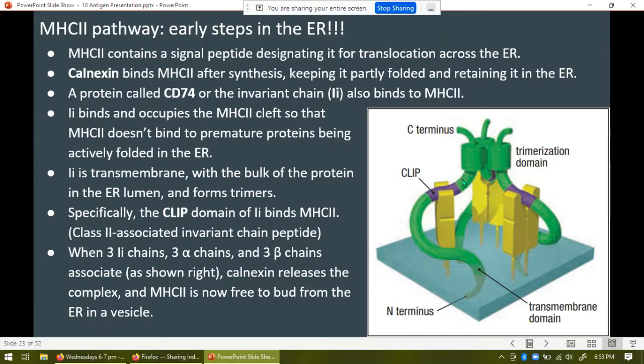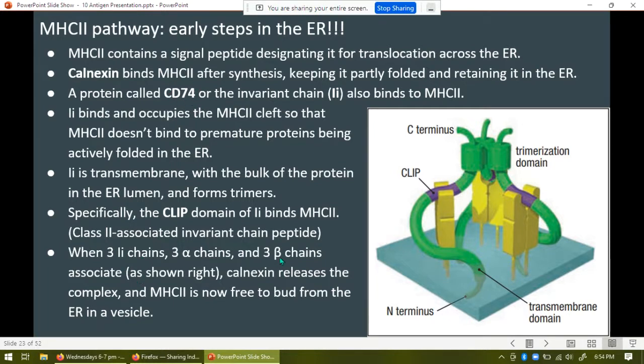So it binds to an MHC2 molecule, but it also binds to two other CD74 MHC2 complexes, so you get these big 9-chain complexes formed. Specifically, the CLIP domain of the CD74 protein is what binds to the MHC2 cleft. CLIP stands for the class 2 associated invariant chain peptide. Just know it as CLIP and just know this one as CD74.